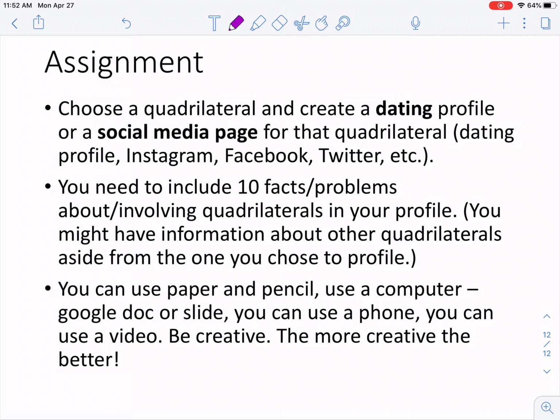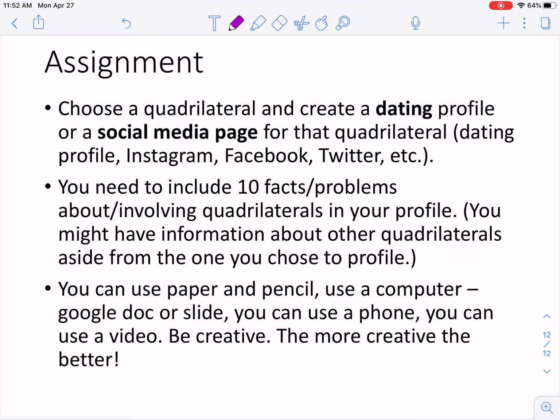You need to include 10 facts or problems about or involving the quadrilateral in your profile. So you may put together your own problems. You might have information about other quadrilaterals aside from the one that you chose to profile.